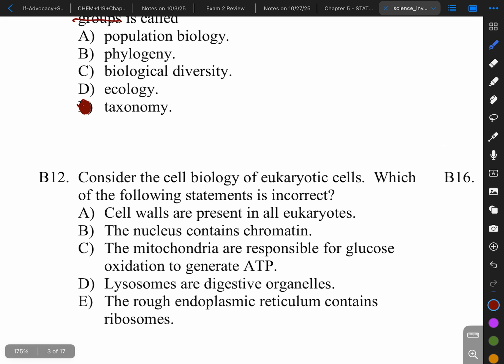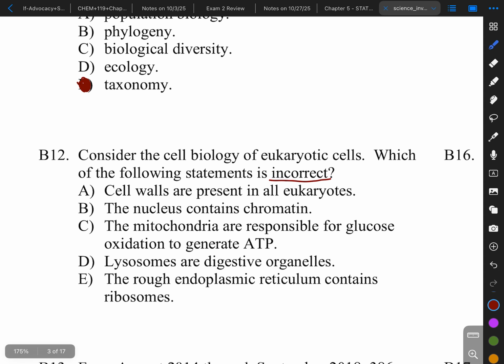For 12, consider the cell biology of eukaryotic cells. Which of the following statements is incorrect? Cell walls are present in all eukaryotes. Immediately, just from that alone, we can get this to be the answer, because we are eukaryotes and we don't have cell walls. But remember, eukaryotes consist of plants, animals, fungi, and protists.